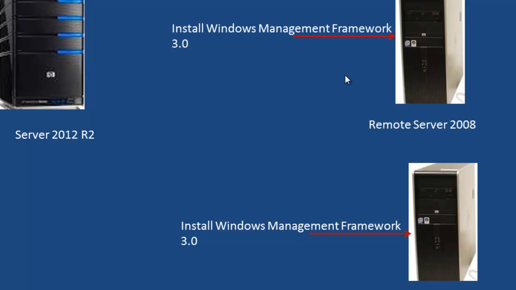Within Server 2008, through the role management, you can install Windows Management Framework. But first, you have to download that Windows Management Framework 3.0. And then during the installation, you're going to be asked to find the source path for Management Framework 3.